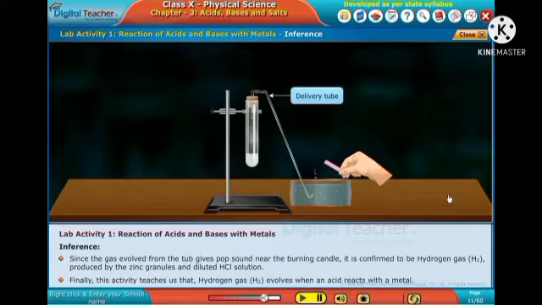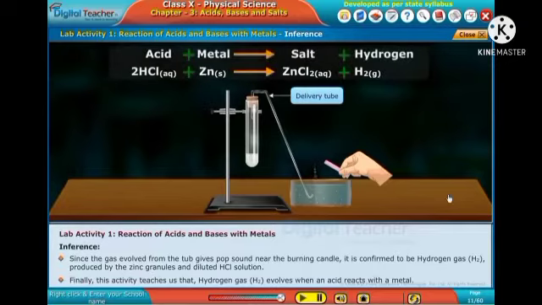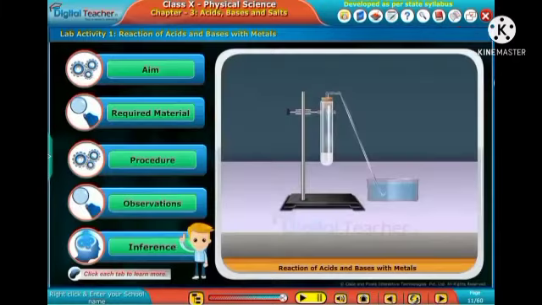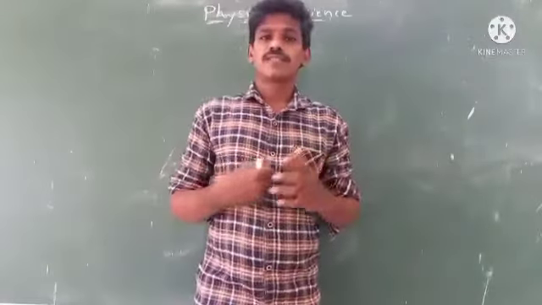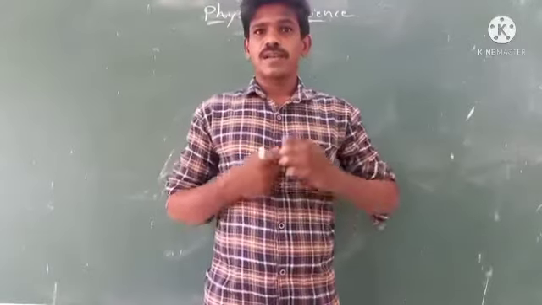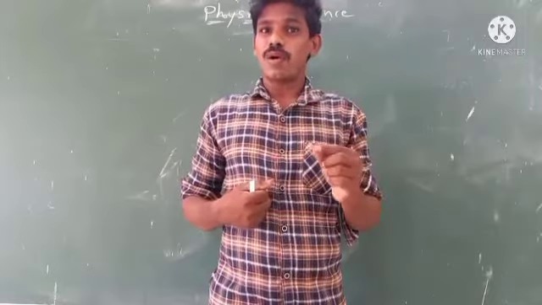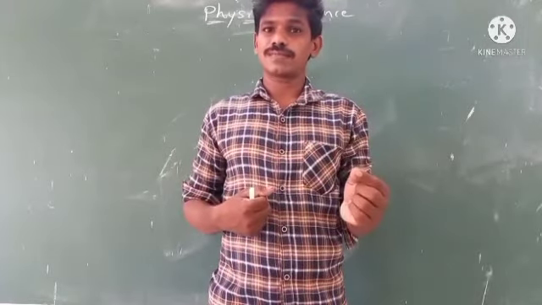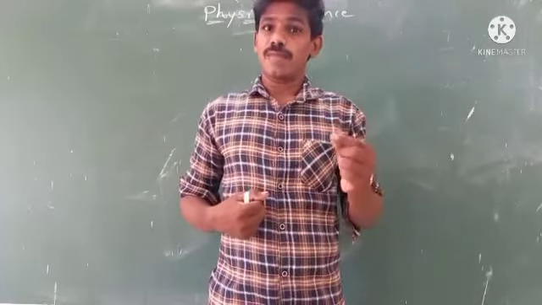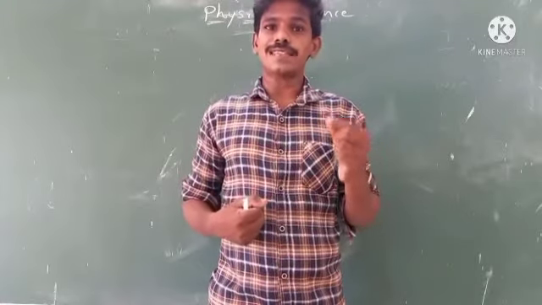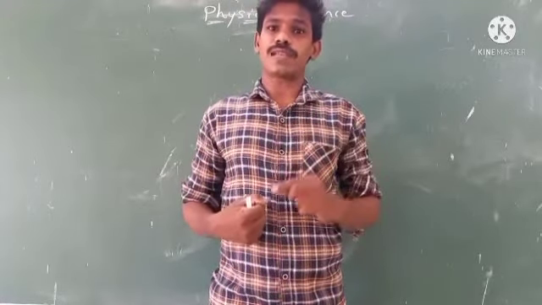When an acid reacts with metal, a gas is evolved, that is hydrogen gas. From this activity we observe that when a metal is added to acid, a gas is evolved, that gas is hydrogen gas.